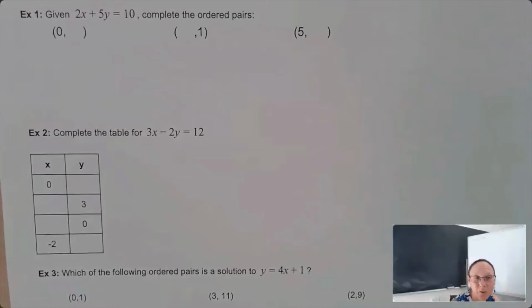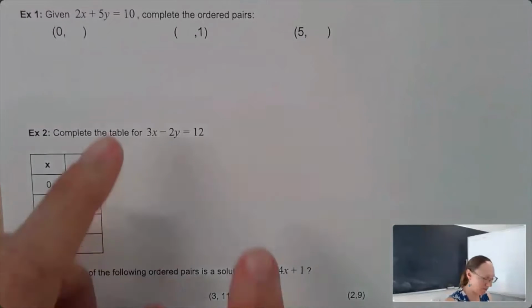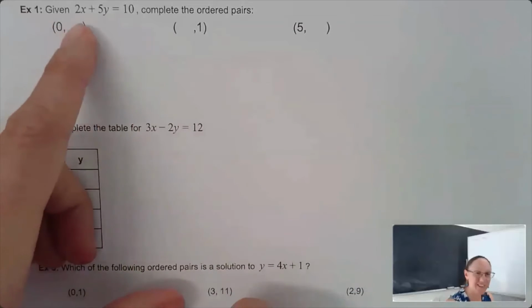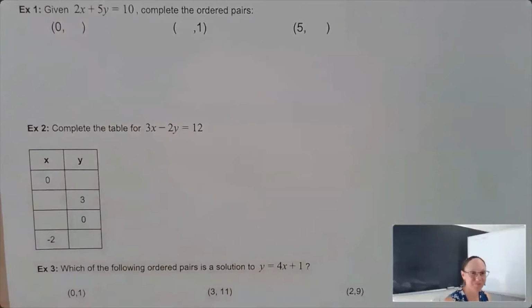So this is the equation of a line. It's not in the y equals mx plus b form that sometimes we think about as the most friendly form for the equation of a line, but it's still the equation of a line because my y variable is raised to the first power and so is my x variable.